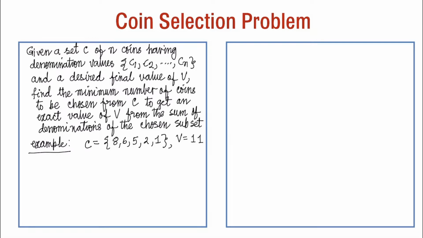Then we know that we have two solutions, S1 which is 8, 2 and 1, and S2 which is 6 and 5, and since we are to find the minimum, S2 is our minimum.